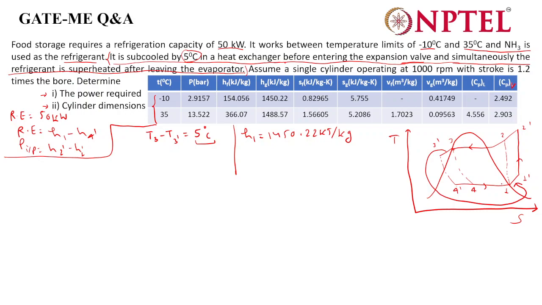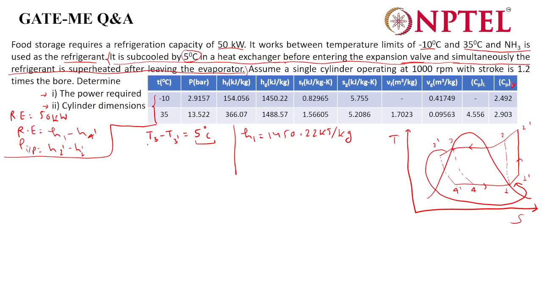We will calculate the temperature of 1 dash and then add it to Hg. What would be the enthalpy associated with this part? The same enthalpy would be transferred from 1 to 1 dash, right? Yes, sir. So Cp of liquid into the temperature change.